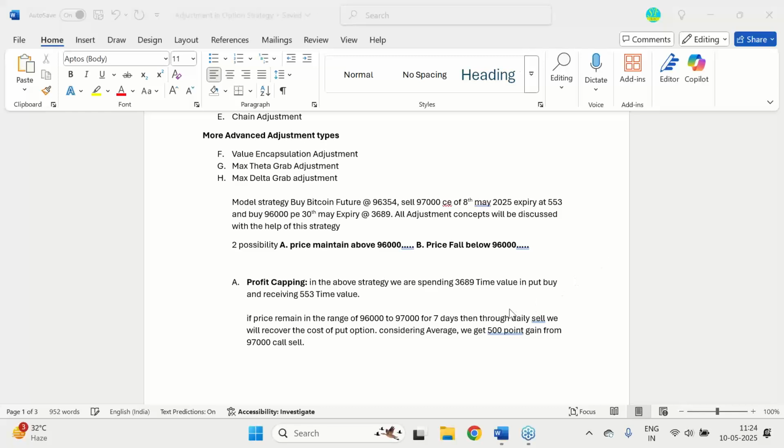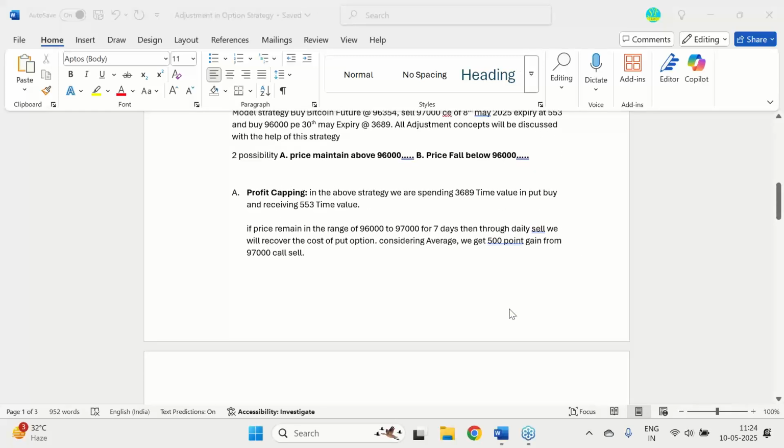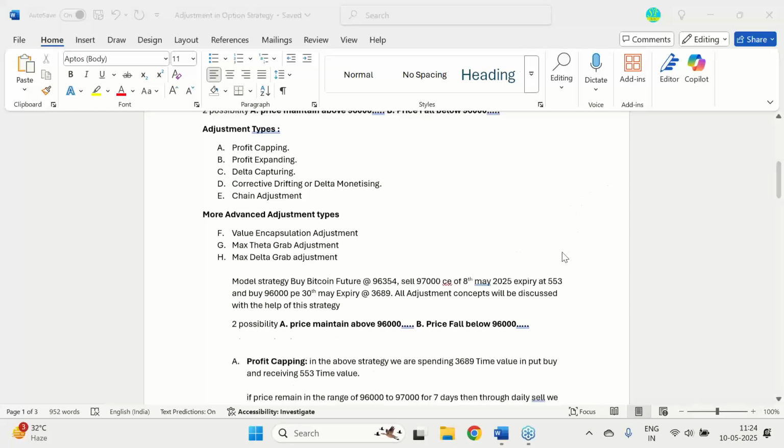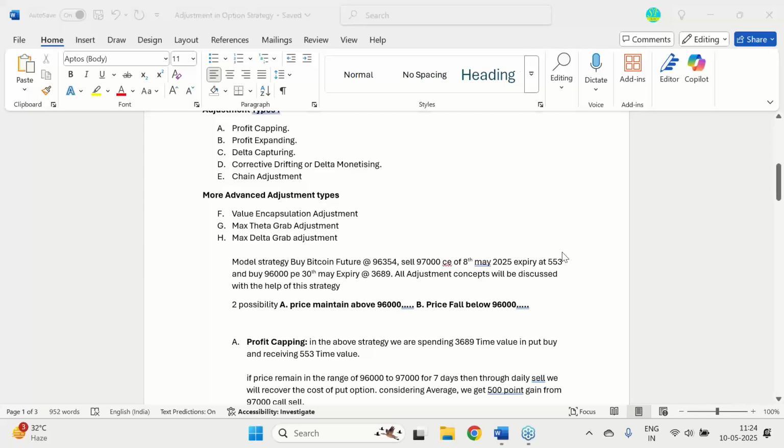Then what happens? After 7 days, we will be recovering the cost of the put option, which we spent, 3,689. I am telling 500 on average, 5 into 7, 3,500.